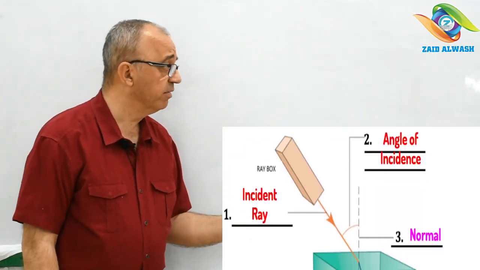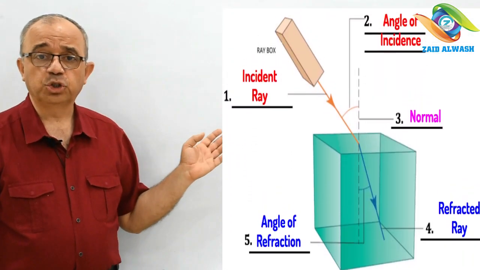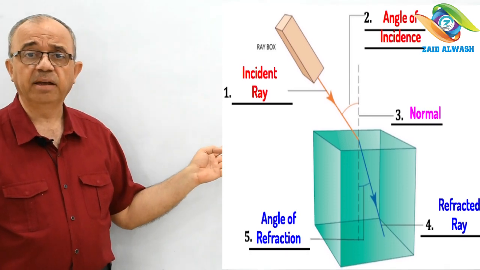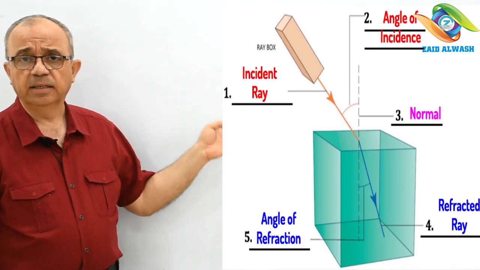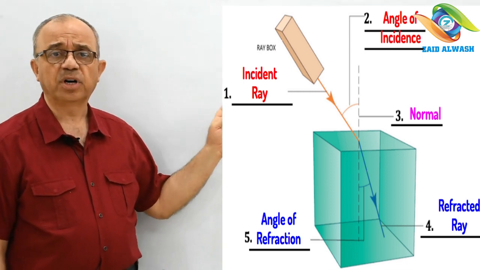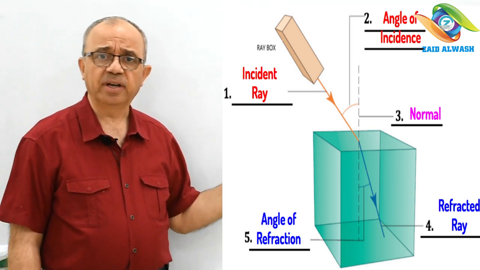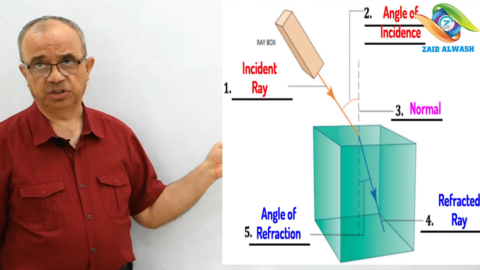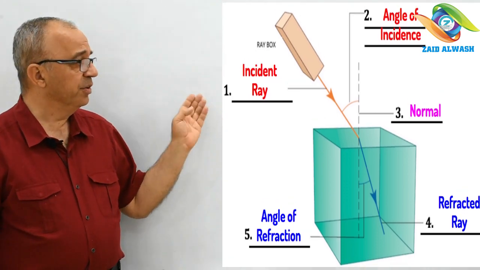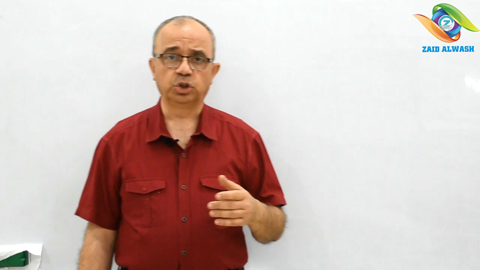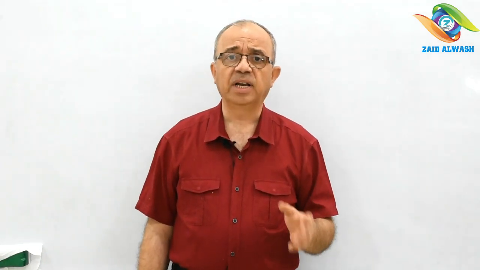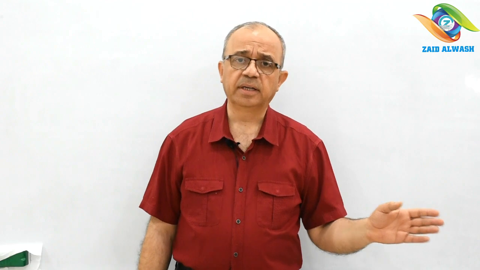Some students ask about the meaning of the refraction. The refraction means, as you observe in this figure, the change in the direction of the light rays when it is traveling between two transparent media that are different in optical density. And the reason for this change in direction is the change in the speed of the light inside the two transparent media.